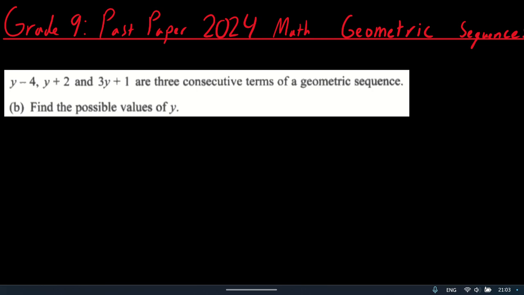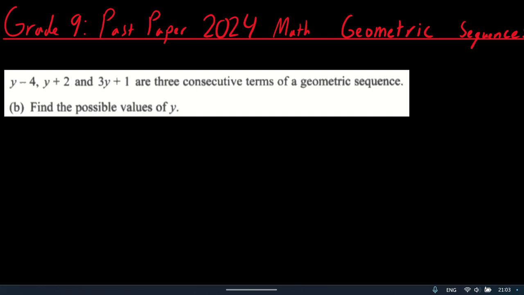Due to it being a geometric sequence, and you not really learning that in a lot of detail in class, many people got this question wrong. Therefore, I want to teach you how to solve it with ease, because if you know the basic information, you could easily solve it yourself.